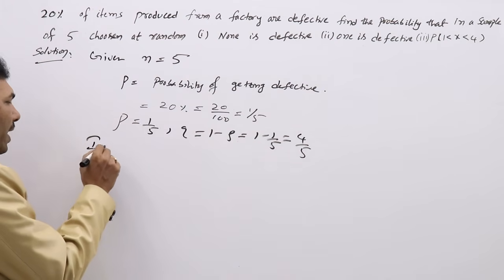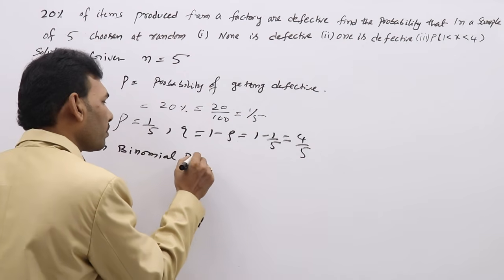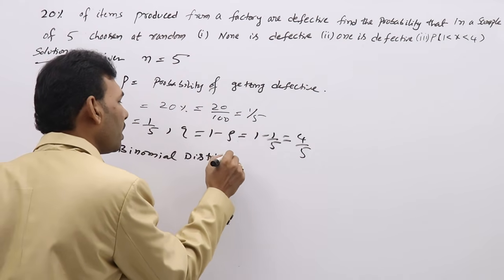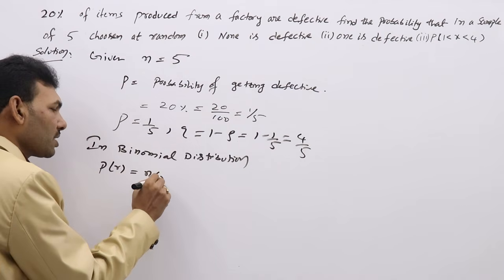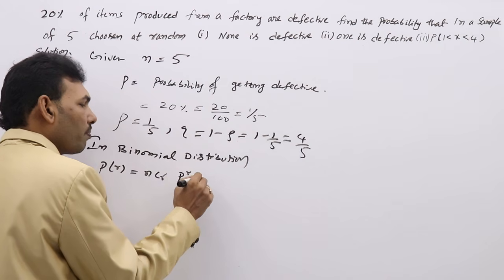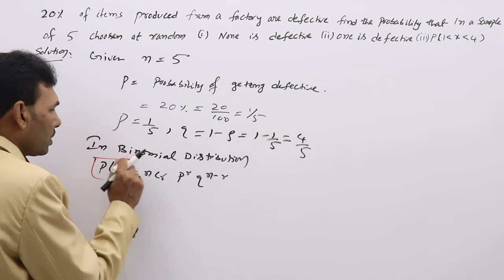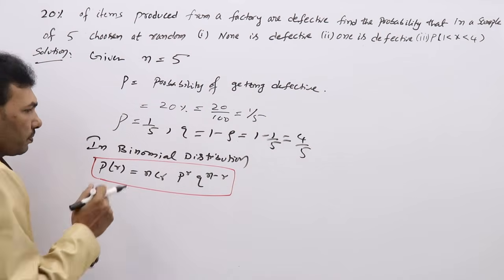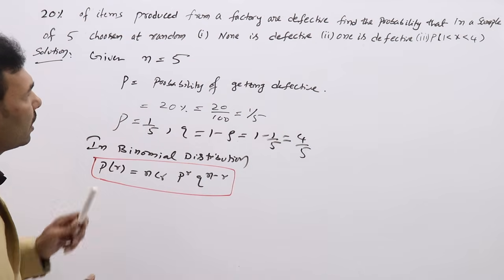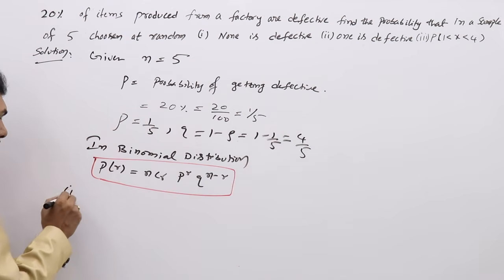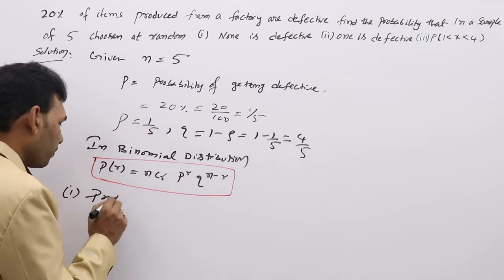And also we know that in binomial distribution, probability of r successes is nCr p^r q^(n-r). So this is the formula. Probability of r successes.